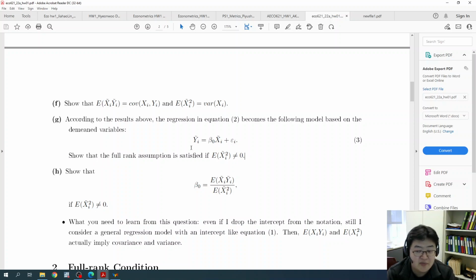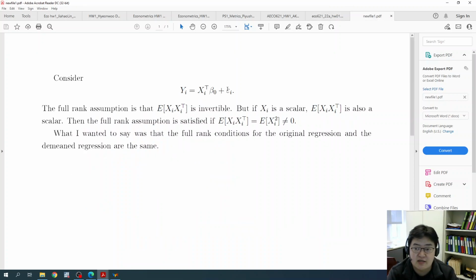So given this question, the correct assumption is like this. In general, in the vector case, the full rank assumption is that the matrix is invertible. It has an inverse matrix. But if x was scalar, this becomes a scalar, a 1 by 1 matrix, which is a number, right?